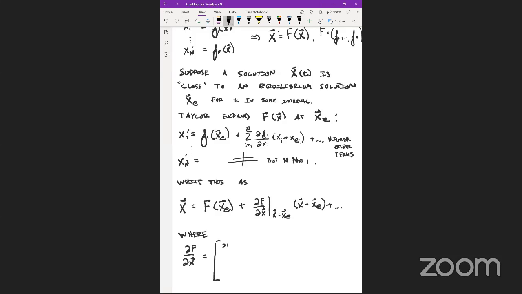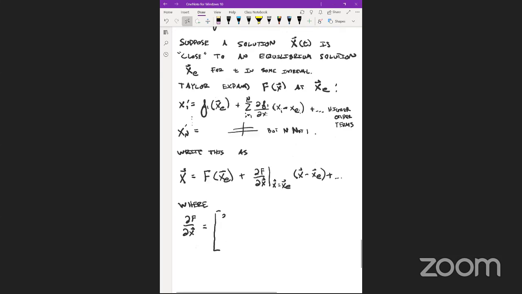So it is going to be df1/dx1, df2/dx2, up to dfn/dxn, down to df1/dxn.